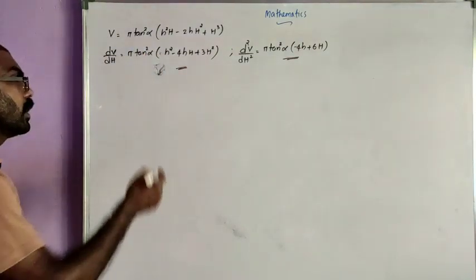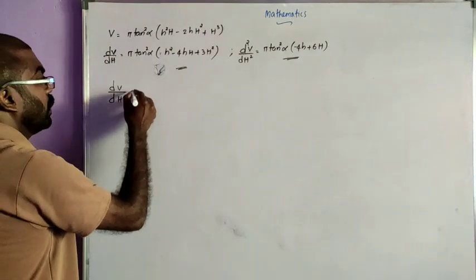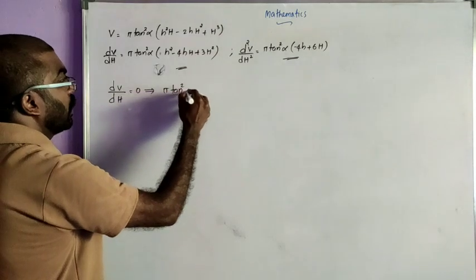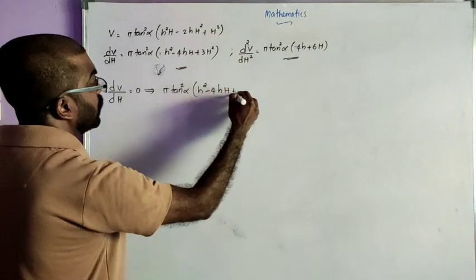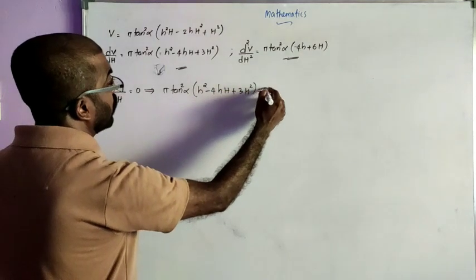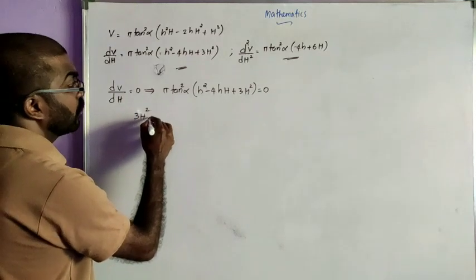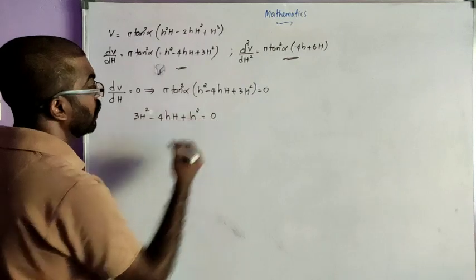In order to find the critical point, we have to equate dV/dH to 0. So dV/dH equal to 0 implies π tan²α into (h² minus 4hH plus 3H²) equal to 0. From this we can write 3H² minus 4hH plus h² equal to 0.